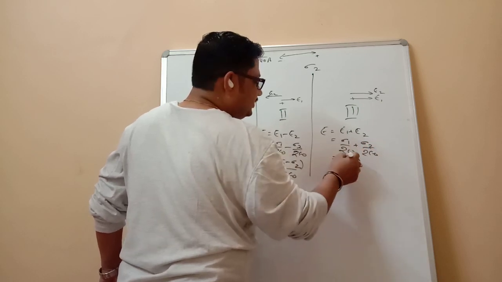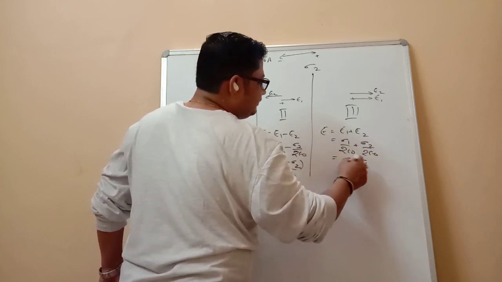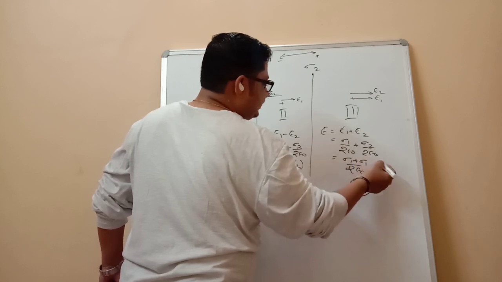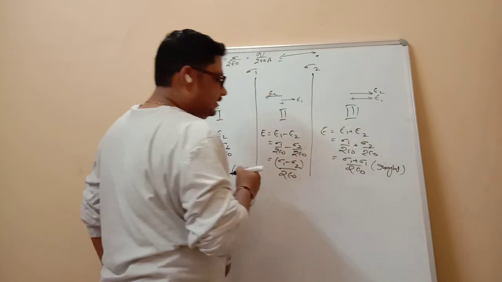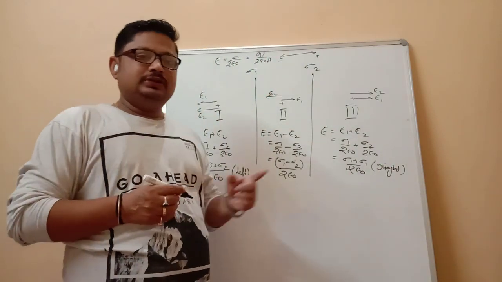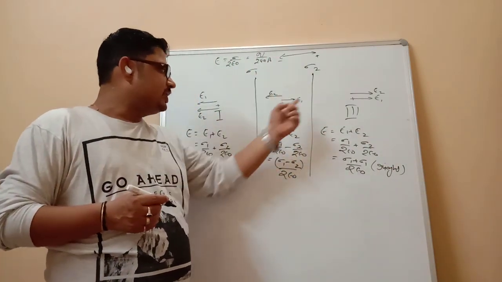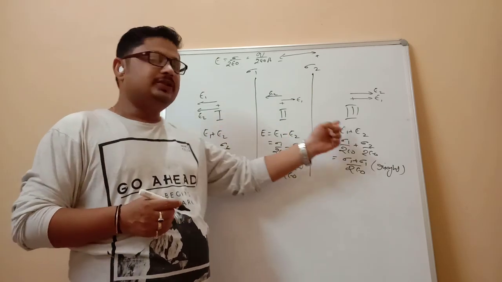Adding both, we get sigma 1 plus sigma 2 upon 2 epsilon naught, towards the right. So this is the electric field due to two plane sheets of charge in the three regions: first, second and third.